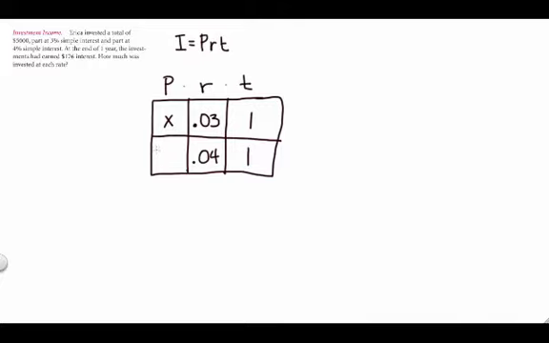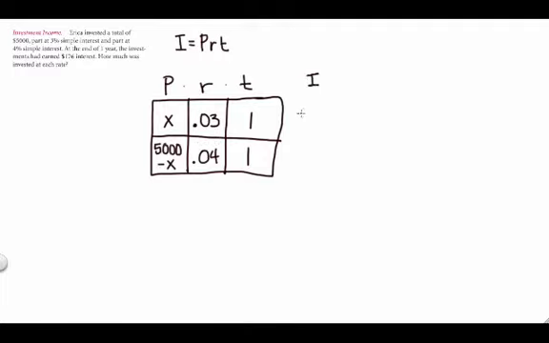The other one, you can't just pick another variable because it was given that the total is 5,000. So the other one has to be 5,000 minus whatever the first investment is, right? Because you're splitting your $5,000 amongst these two and you're trying to get interest.